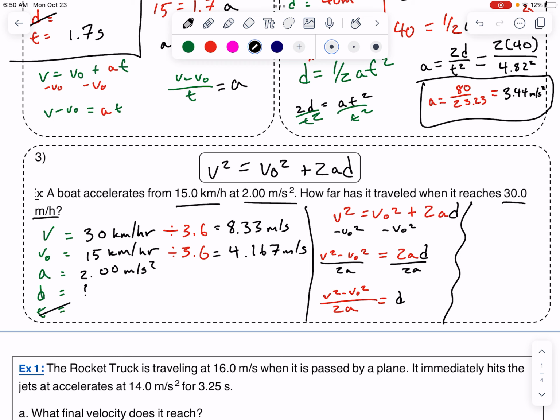And then now I can just do a little bit of plugging and chugging. That's going to give me 8.33 squared minus 4.167 squared divided by 2 times 2, which is going to give me about 13 meters.